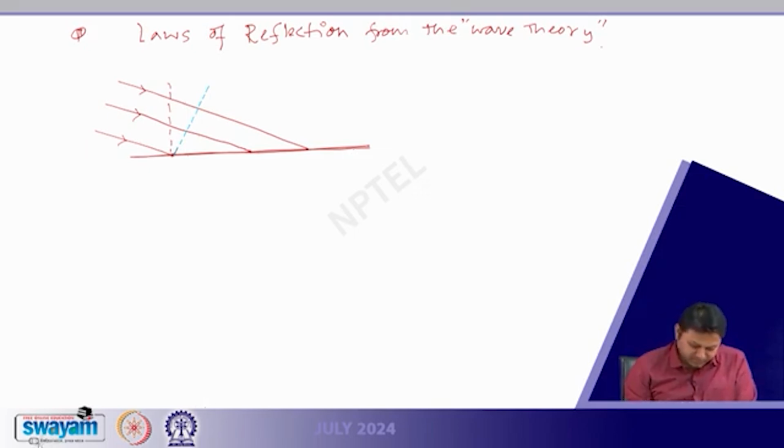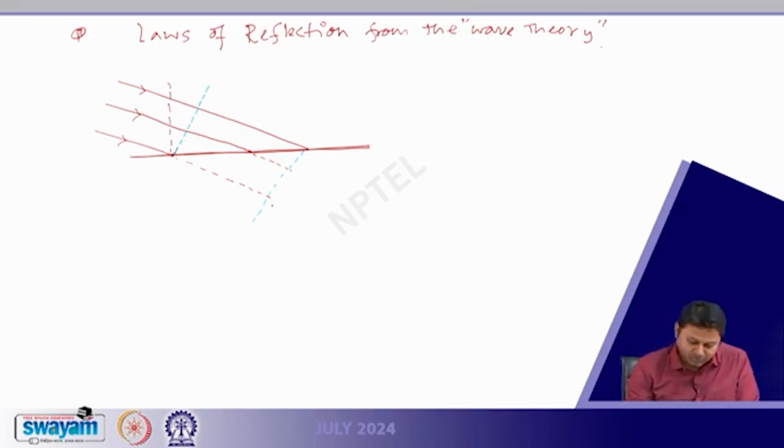If there is no such boundary, then light should propagate and this wavefront should move without any obstacle. Let me draw a wavefront here, and the light ray essentially reaches this point and this point.